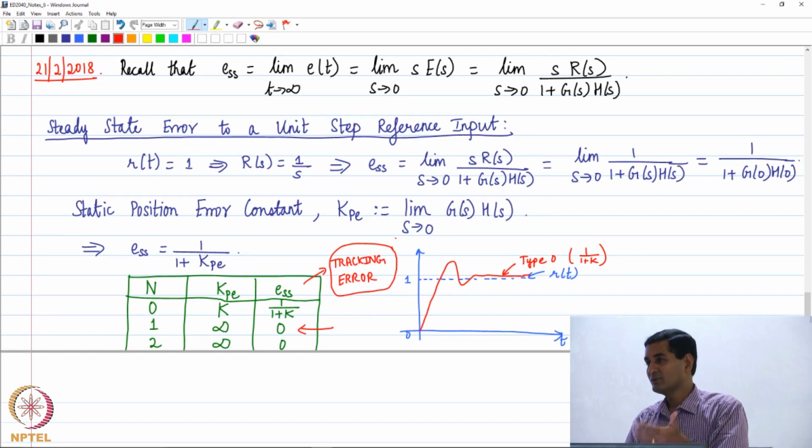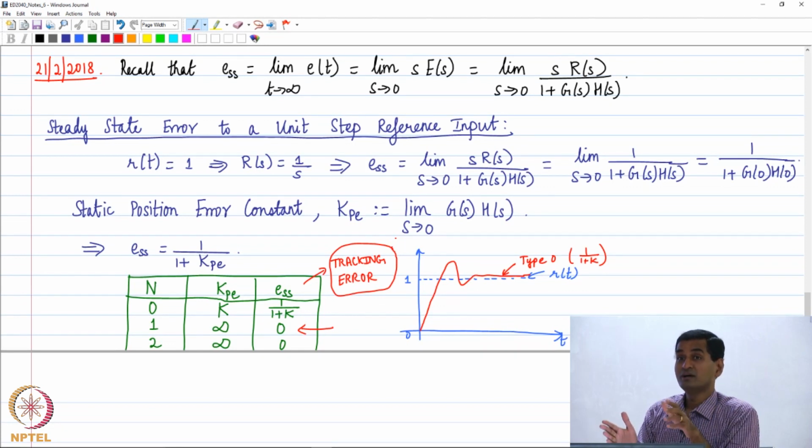So I want to follow a unit step reference input. For example, if you want to steer a vehicle and give a unit step change in the orientation of the vehicle, the question is whether your vehicle can achieve that as t tends to infinity. So that's what we are looking at.